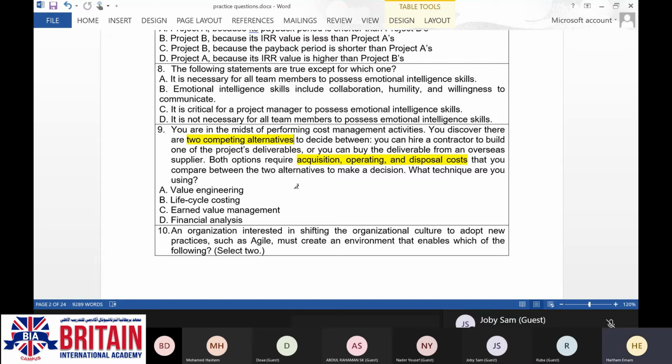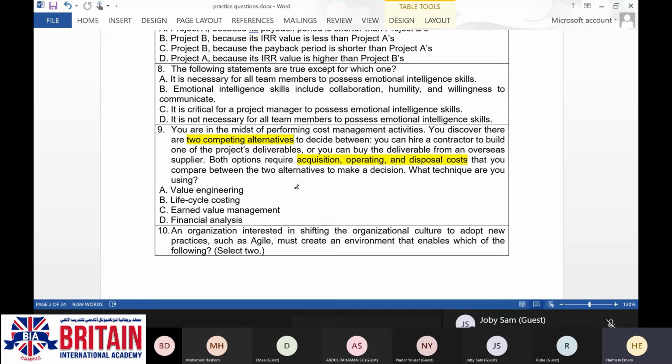So acquisition, that is the first step in your product. You are going to purchase it or you are going to buy it. Operating, the cost of operations. And after completing the required task, how you are going to dispose it. The cost of its disposal. So it is the life cycle of your product.